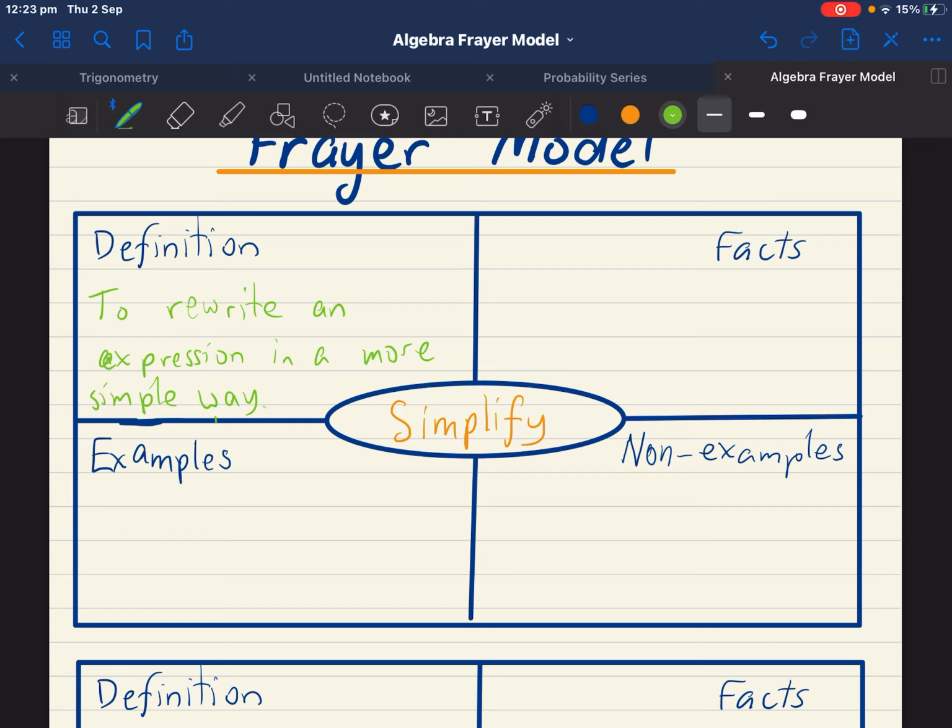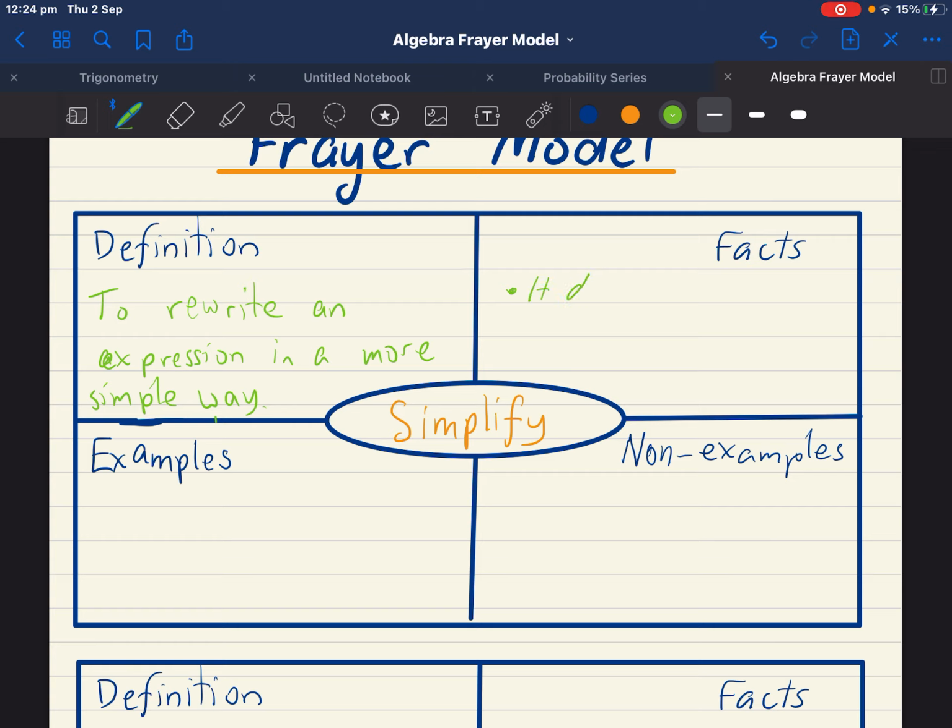Now, the second section, you go across, you look at the facts, or sometimes it's called characteristics. So here, you can put down one, you can put down a couple, it's up to you, but just a couple different facts or things about the term that you're looking at. And again, we're looking at simplify. So what's a fact?